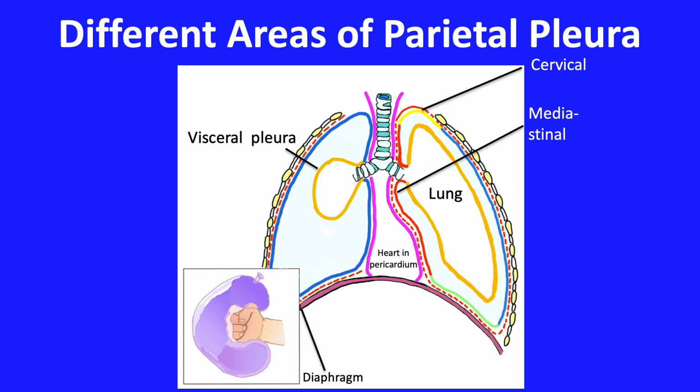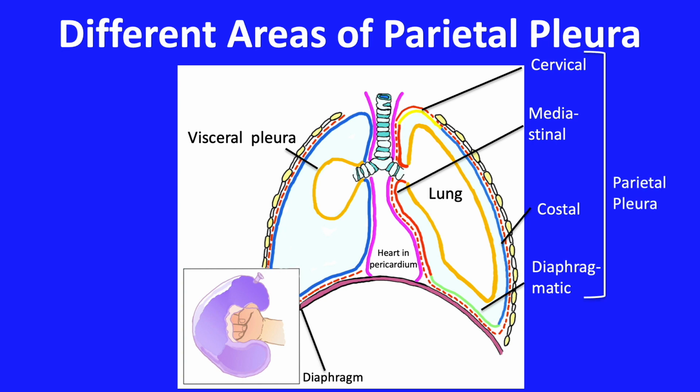The parietal pleura that is in contact with the mediastinum is known as the mediastinal pleura. The parietal pleura in contact with ribs and costal cartilages is known as the costal pleura. Finally, the parietal pleura just superior to the diaphragm is called the diaphragmatic pleura. But recognize that together it is all parietal pleura.